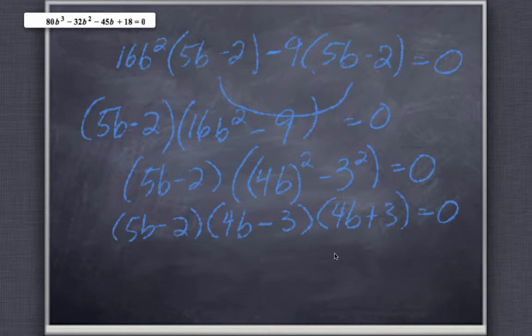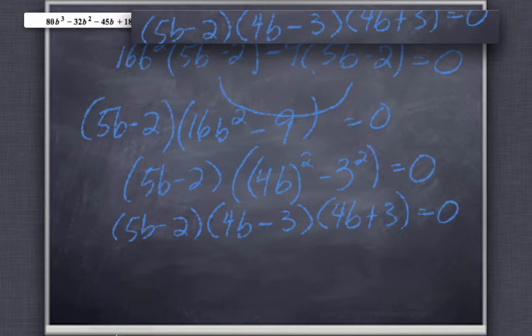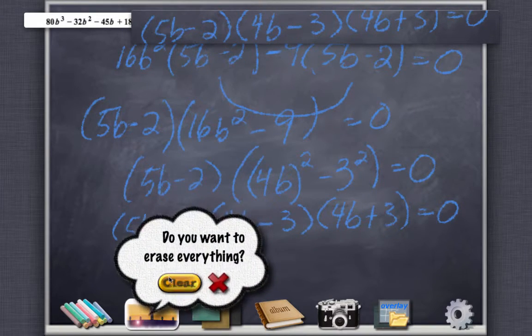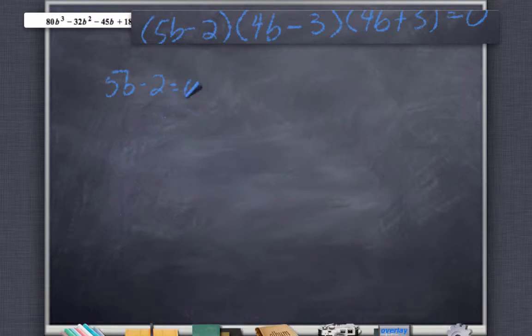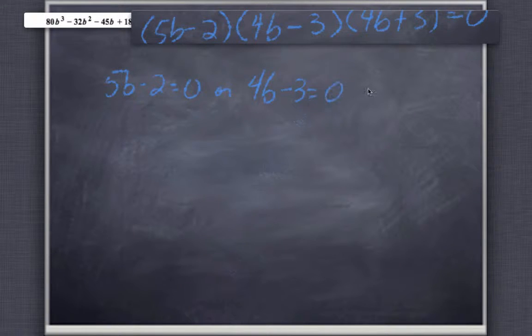Once you have this, you just set each piece equal to 0. So we have 5b minus 2 is 0, or 4b minus 3 is 0, or 4b plus 3 is 0.